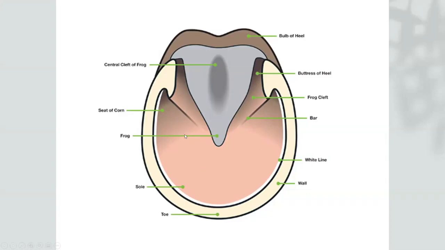And how do we want our sole to look? If we pick up our horse's foot, or if that horse's foot is standing on the ground, how should that sole be? Anybody have an idea? It should be firm. If it's soft, then it probably has thrush. Excellent.